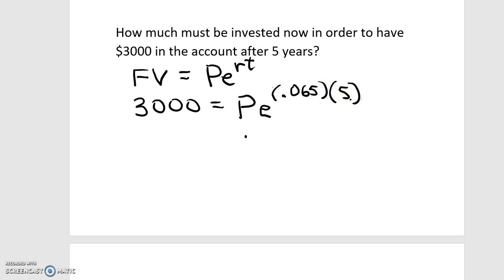So now we are ready to plug this into our calculator, but notice that the $3,000 is on the opposite side of the E to the 0.065 times 5.